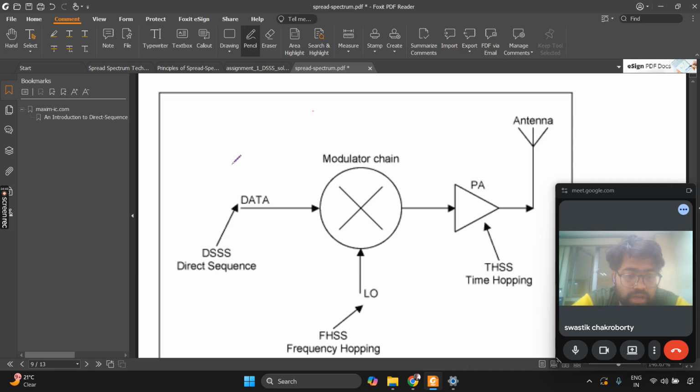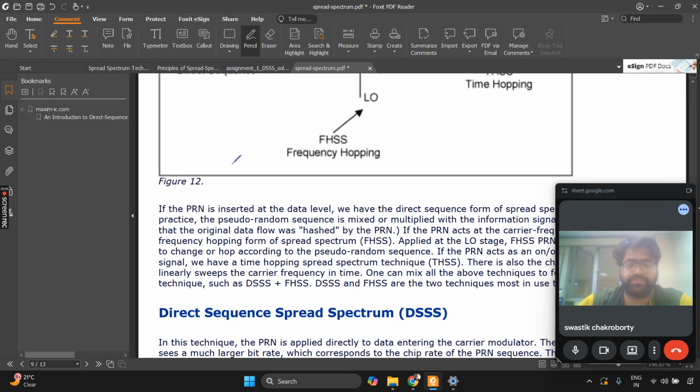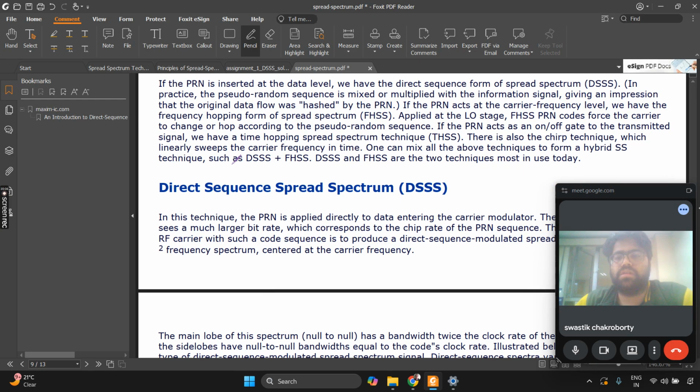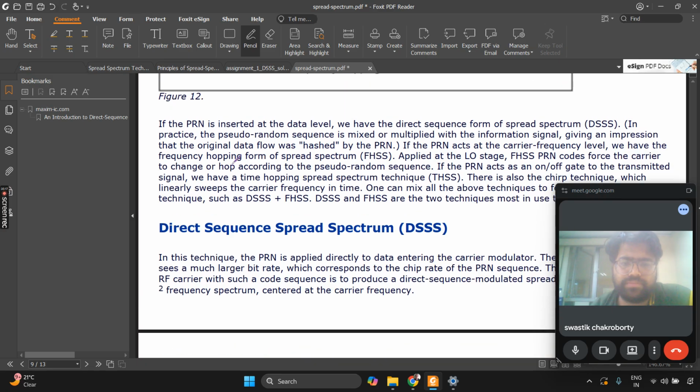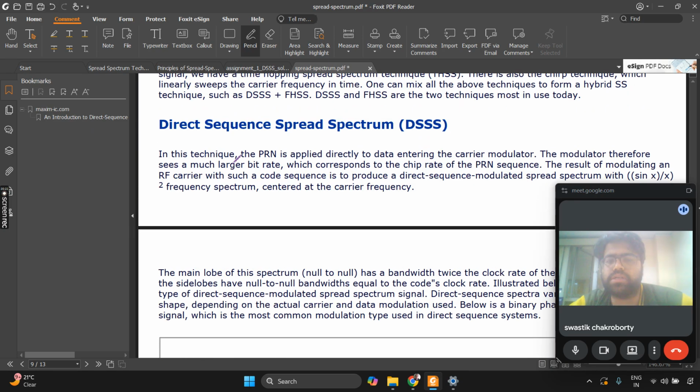And in time hopping spread spectrum, the timing or the delay of the signal is controlled by the pseudo-random noise sequence. The first technique under scrutiny is direct sequence spread spectrum.